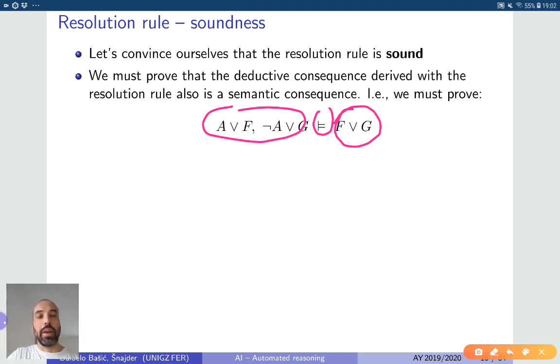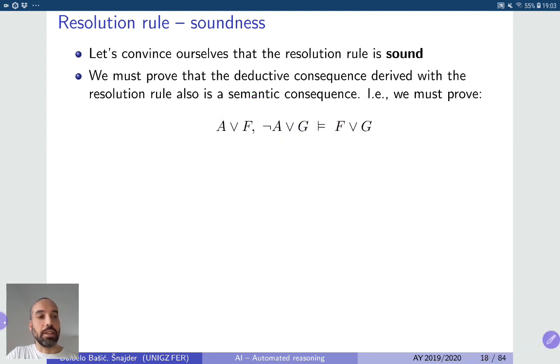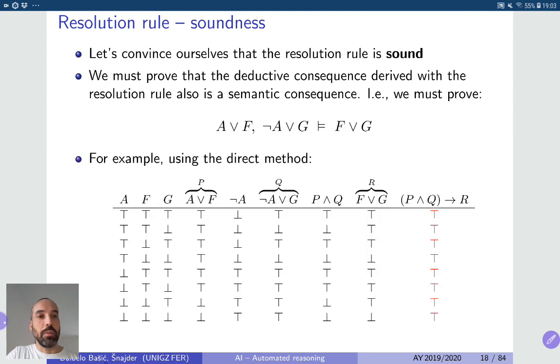And the way I can do this and should do this, since this is a semantic relation, keep in mind, whenever talking about semantics in the case of propositional logic, we need to do truth tables. So we need to prove that whenever these two formulas are true, the deductive consequence is true as well, and this then means that it's actually a semantic consequence as well, right? So let's do the direct method.